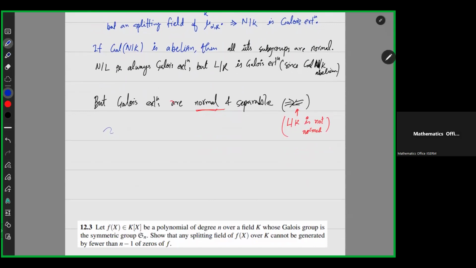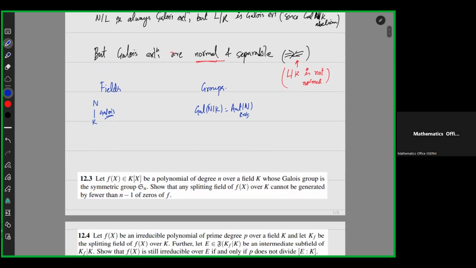On one side we have fields, and here we have groups. For any field extension, as given here, N over K, a Galois field extension, we have this Galois group, the group of K-algebra automorphisms of N. Any subgroup here gives an intermediary field.